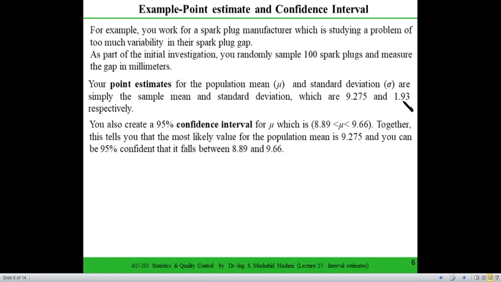When we create a confidence interval, the lower limit is 8.89 and the upper limit is 9.66, and the mean value, 9.275, lies in that interval.